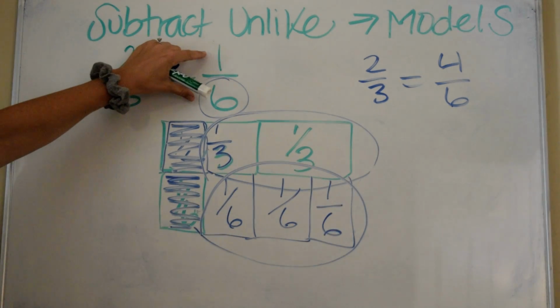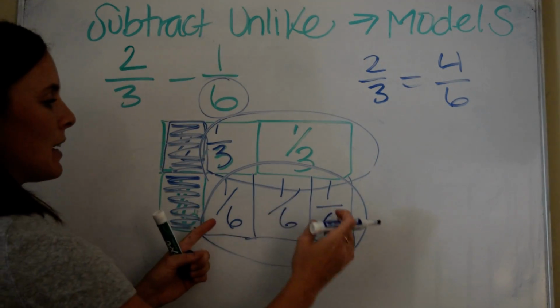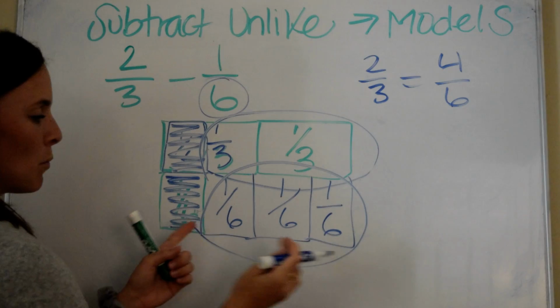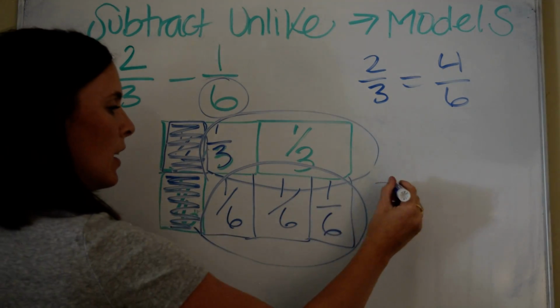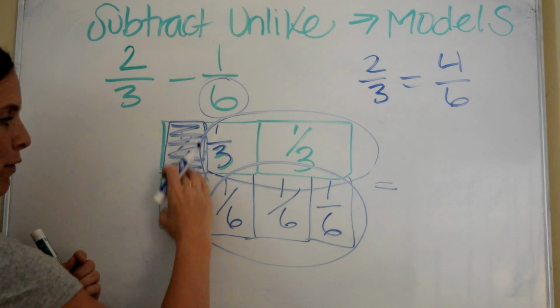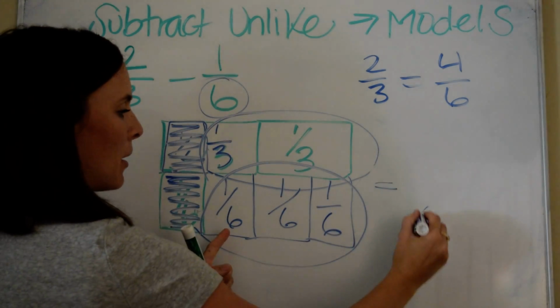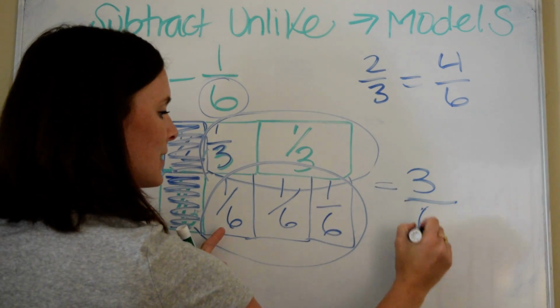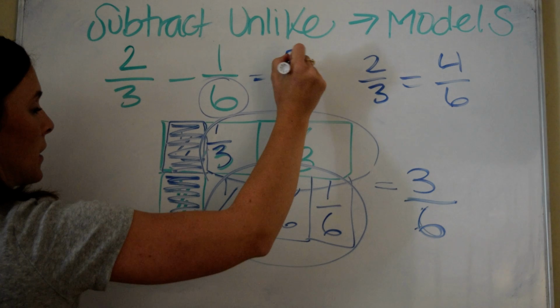Now that I've represented my thirds as sixths and we lined up our tiles, how many are you left with? 1, 2, 3. So when we take away a sixth from the 2/3, we're left with the amount with a 6 at the bottom. We're left with 3/6. So our equation answer is 3/6.